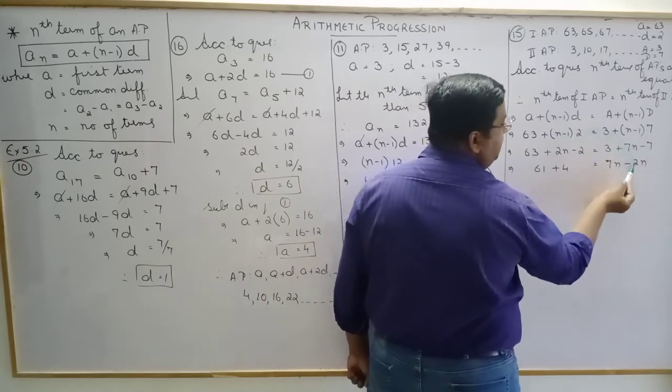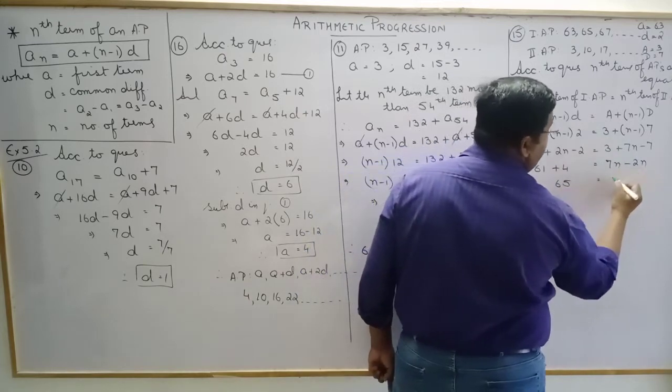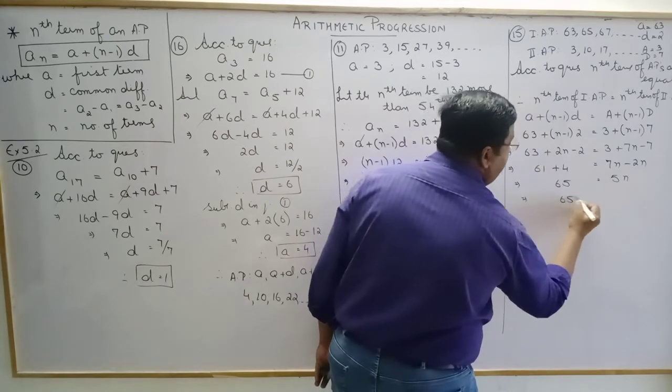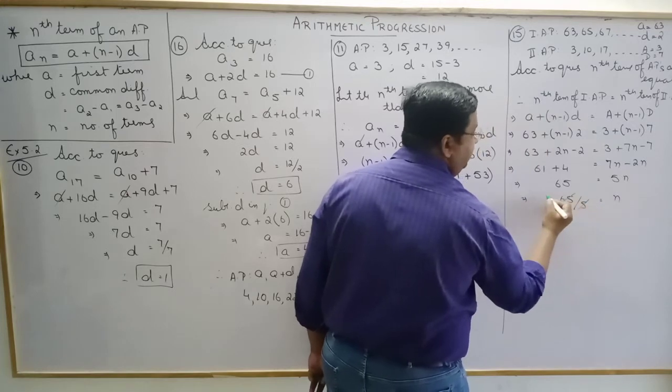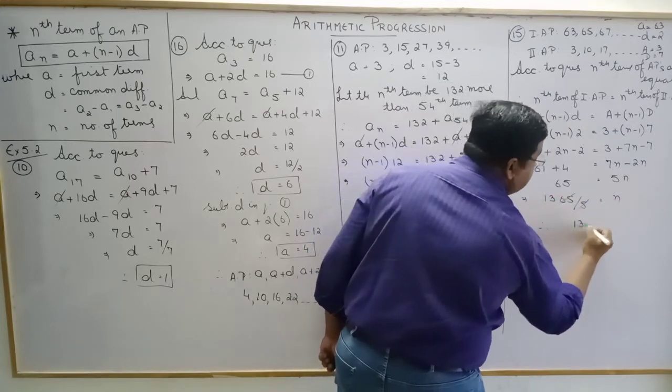Plus 2n goes over here as minus 2n. 61 plus 4, 65, is equal to 7n minus 2n, 5n. So therefore, 65 upon 5 is equal to n. 5 ones are 5, 5 threes are 15. So therefore, n is equal to 13.